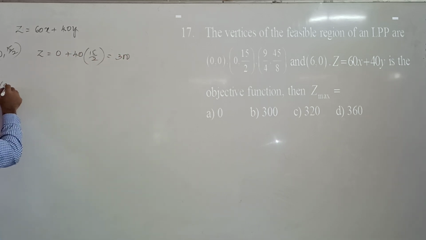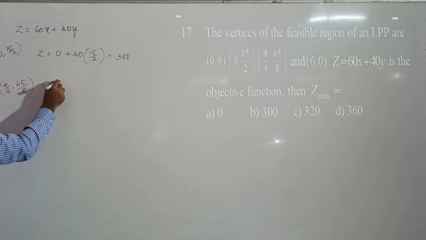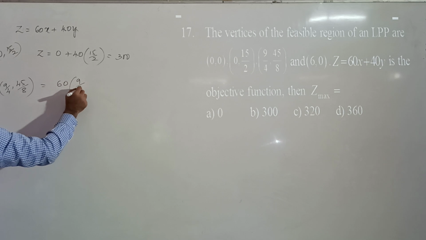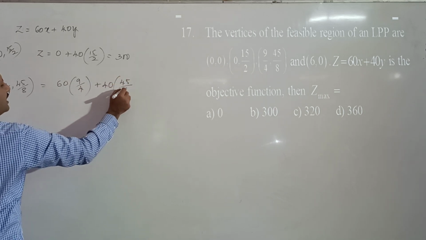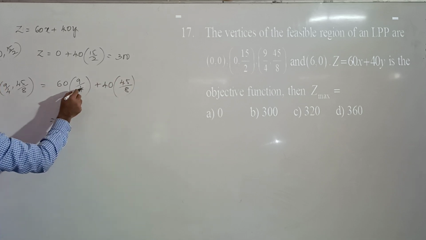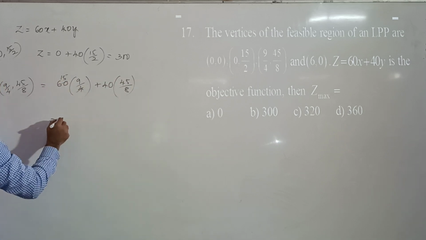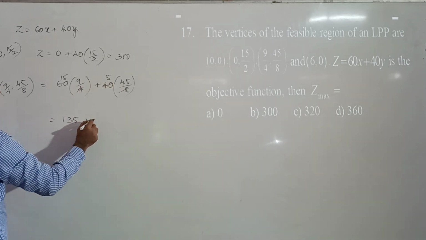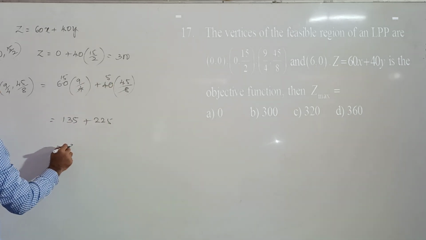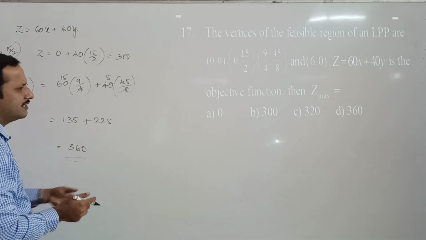Then at 9 by 4, 45 by 8, if I substitute, 60 into 9 by 4 plus 40 into 45 by 8. That will give you 4 ones are 4 15s are 15 into 9 is 135. 8 ones are 8 5s are 5 into 45 225. The sum is 360. Yes, that is the maximum.